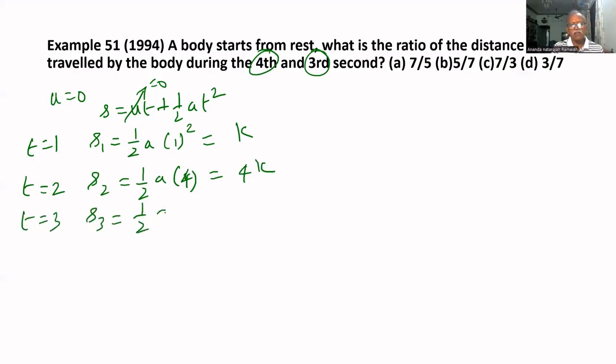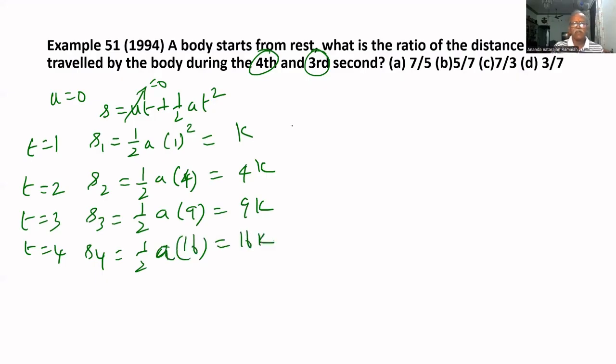A multiplied by 9K you will get. 4th second, what you will get? S4 equal to 1 by 2A, 16. Therefore, 16K you will get.